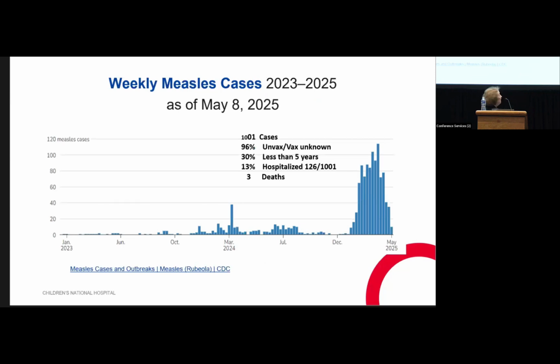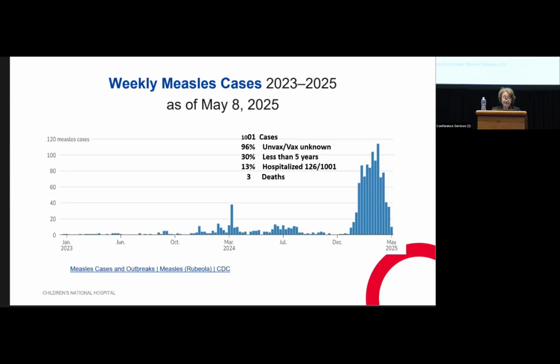So essentially, we have been seeing measles cases sporadically over the past couple of years. We had our large peak of measles beginning at the end of 2024. And currently, we have over 1,000 cases of measles in the United States as of May 8th, documented by the CDC. Most of these are in individuals who are unvaccinated.